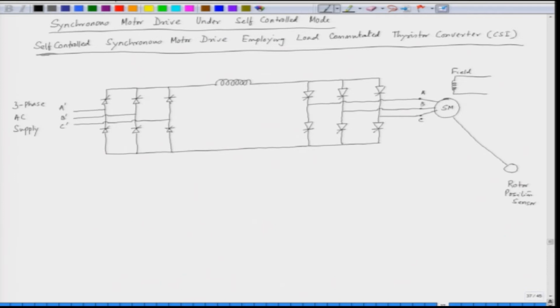The inductor is in the DC link. The inductor is large enough to keep the DC link current almost ripple free. So, ID is almost constant and ripple free. Now, we have to trigger the source side converter. This is the source side converter.